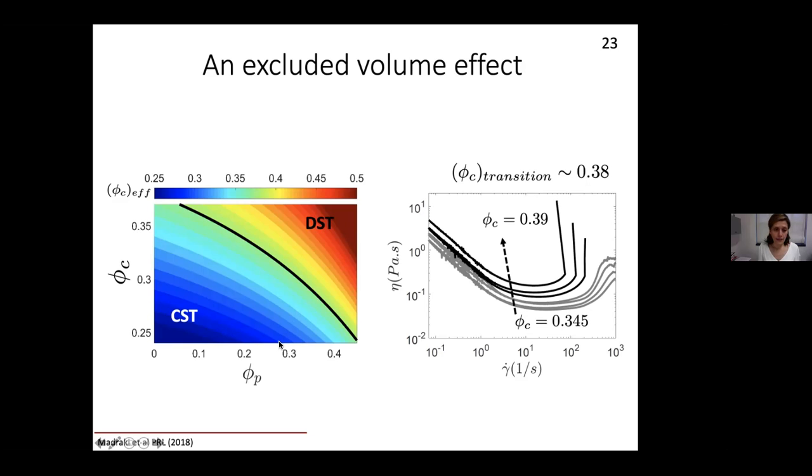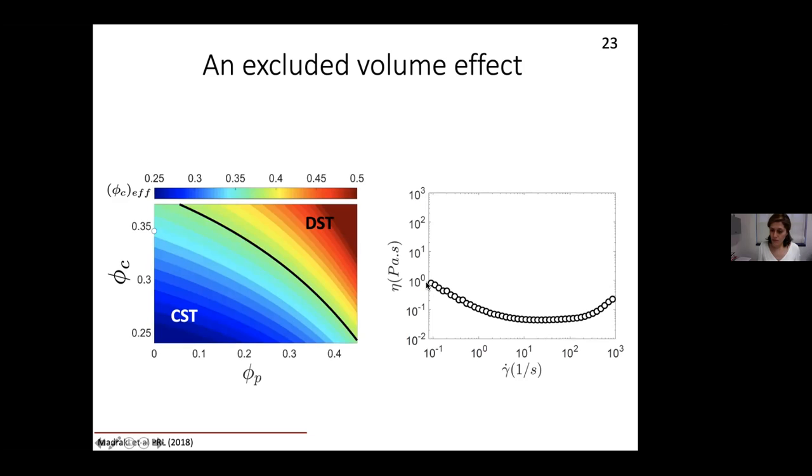To test that, this is what we did. We prepared a very dilute suspension of cornstarch in water with no large particles and we measured the rheology. You can see that the solid volume fraction of the large particles is 0, and the solid volume fraction of the small grains, or cornstarch, is about 35%.